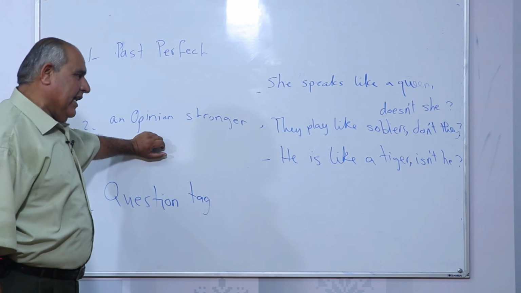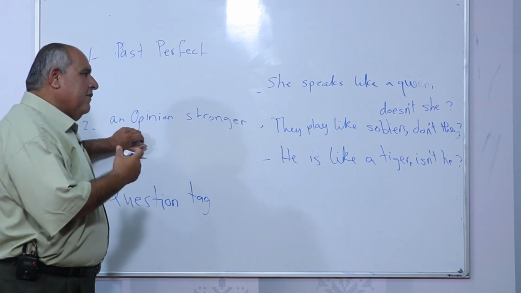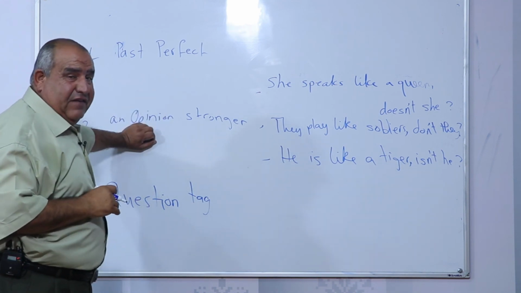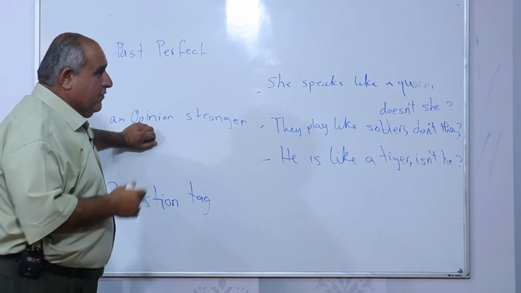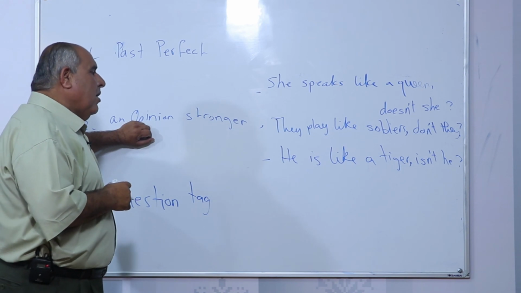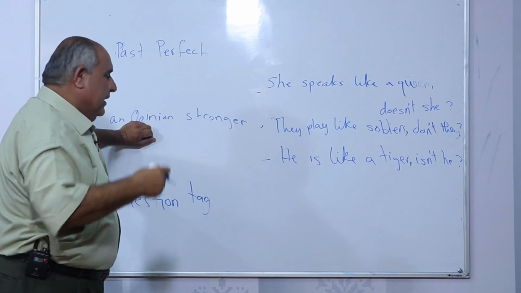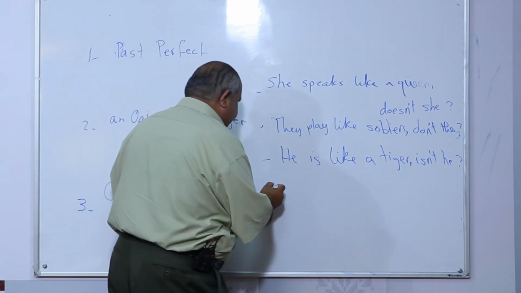Now you have a sentence. If the sentence has an auxiliary, you use the auxiliary in the negative at the end. You put it at the end of the sentence in its negative form. Or if the sentence is negative, we use the affirmative.